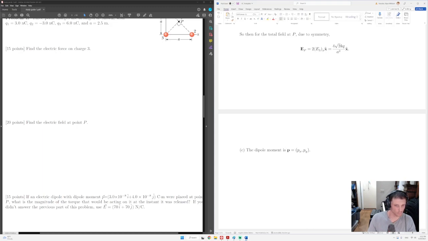Okay. And we know what those are, right? Px is 3 times 10 to the negative 8th coulomb meters, and py is 4 times 10 to the negative 8th coulomb meters.